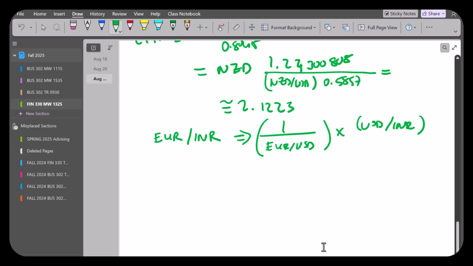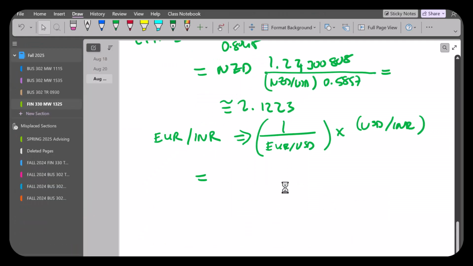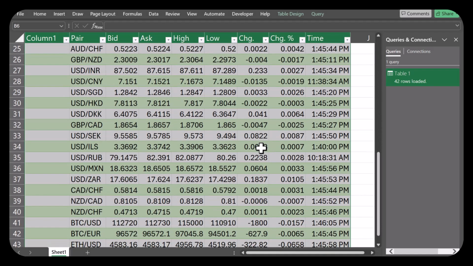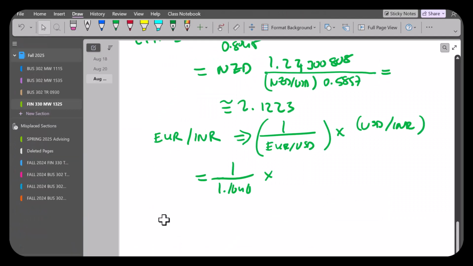So which are 116.46. That is INR 87.502.